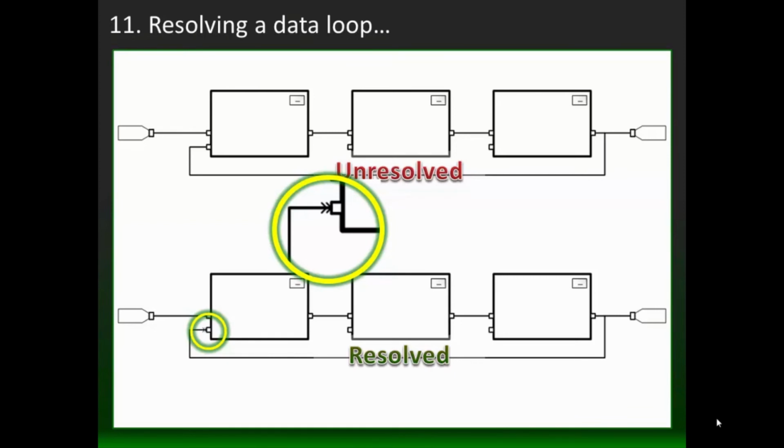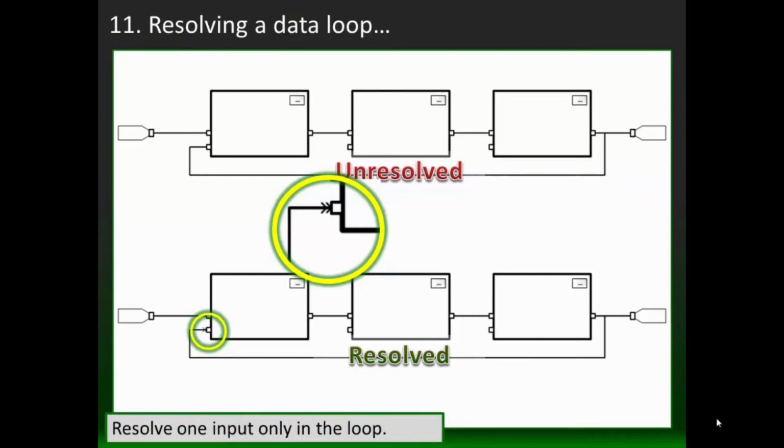So when the controller sees this 3-block sequence, it assumes that the data is available for that block, so it executes that block first. Resolve one input only in the loop. Don't resolve both inputs.